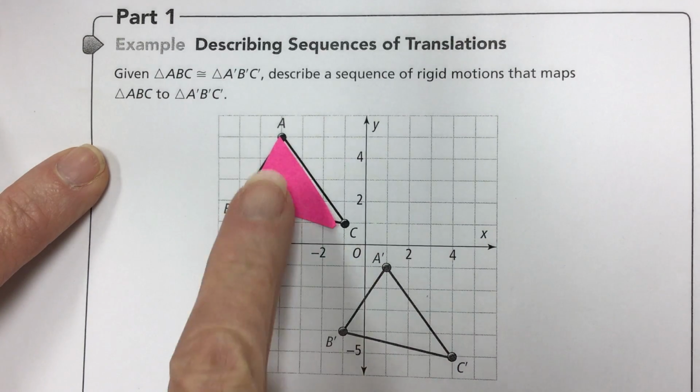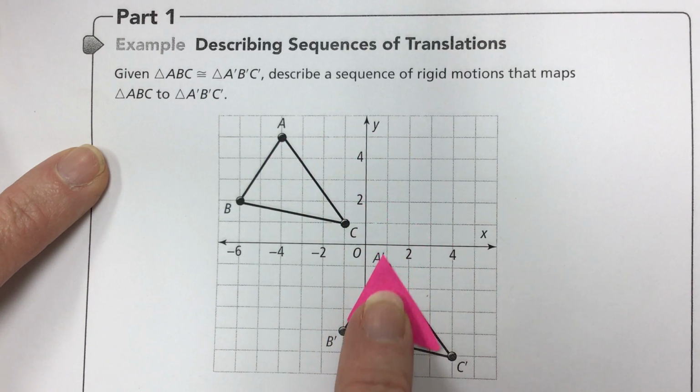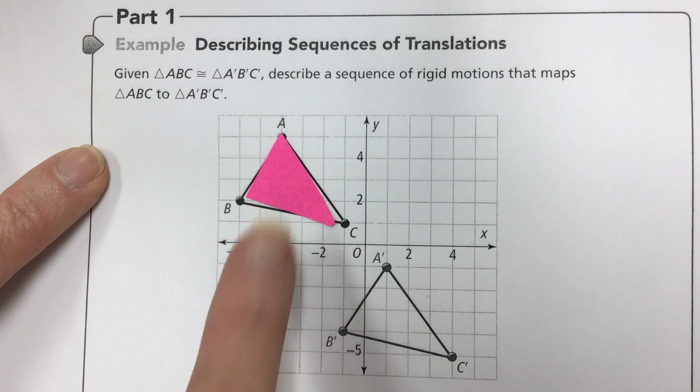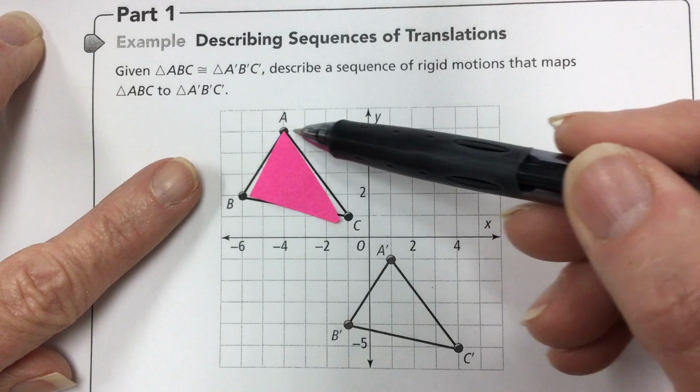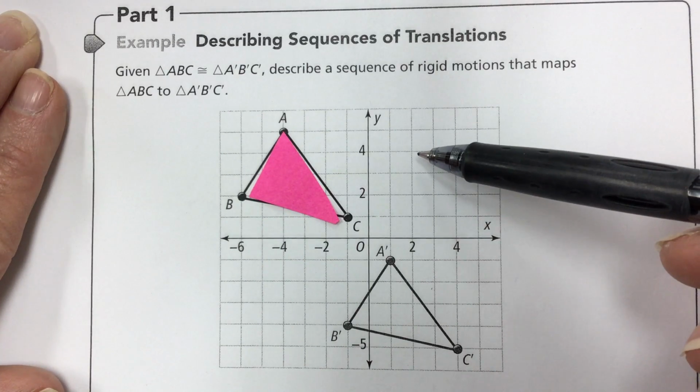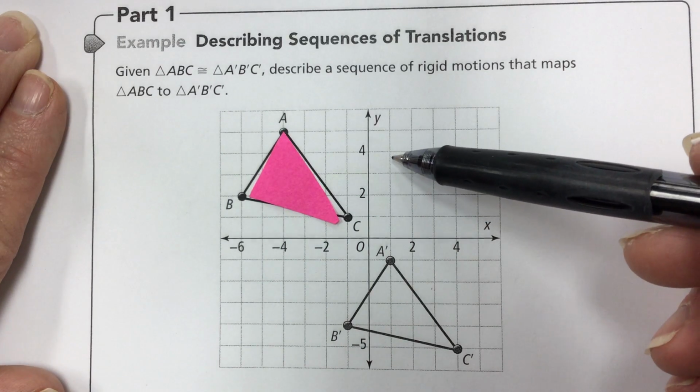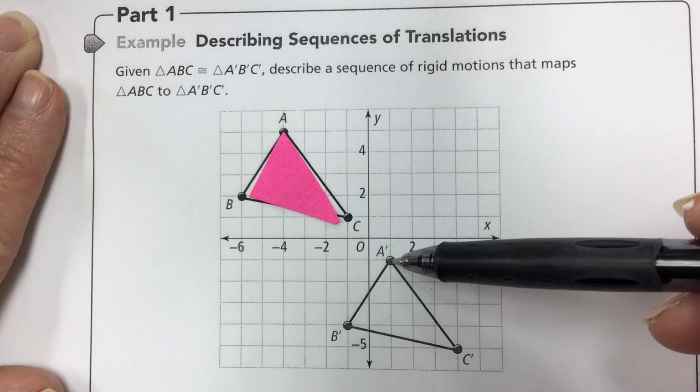Okay, because think about it. This triangle has been moved to the right and then down. All right. So here we have a triangle. So let's look at A. How many units will we have to move A to the right? And how many units will we have to move A down to get to A prime?